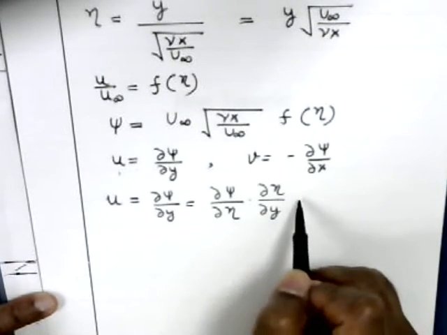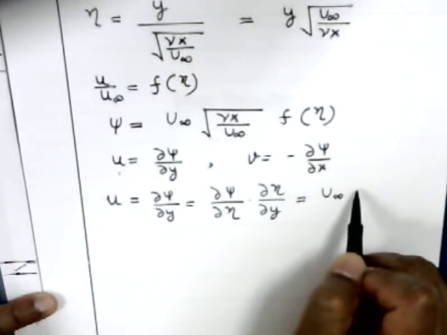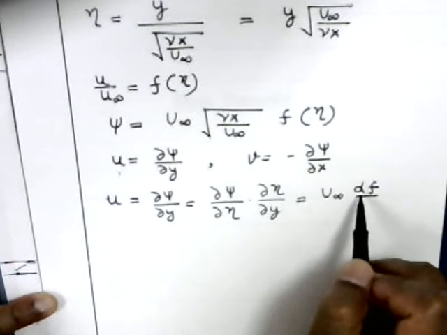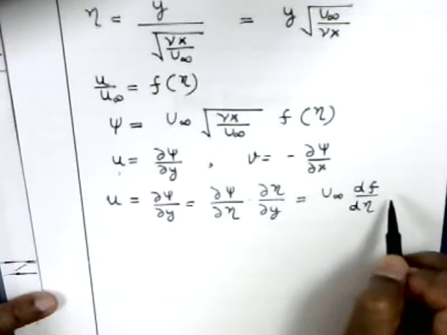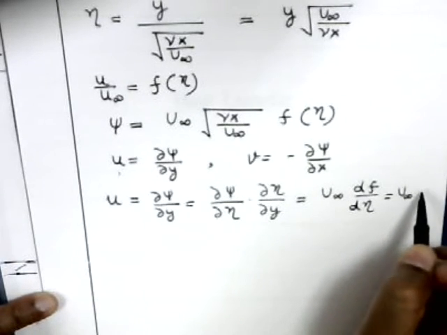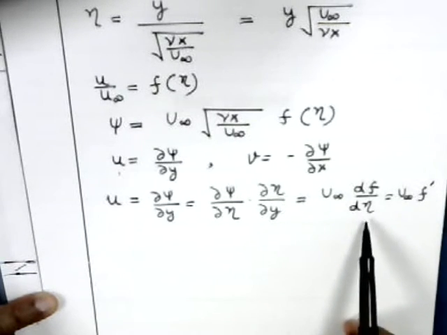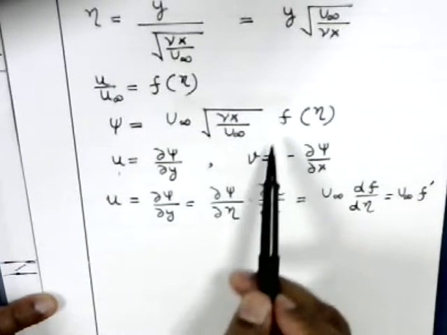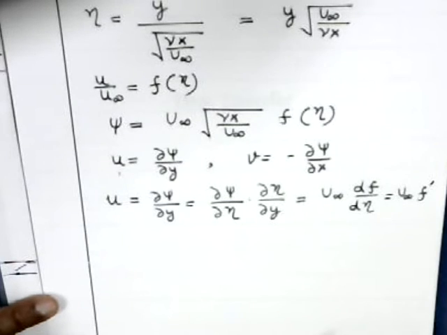And when you do this, you get u is u infinity times df d eta, or we generally write that as u infinity times f prime. This f prime means f has been differentiated once, and this is not a partial derivative, this is a total derivative. F is just a function of eta, so this is df d eta. You get u equals this.